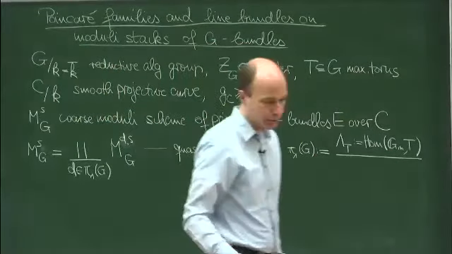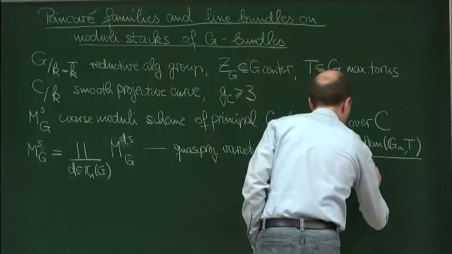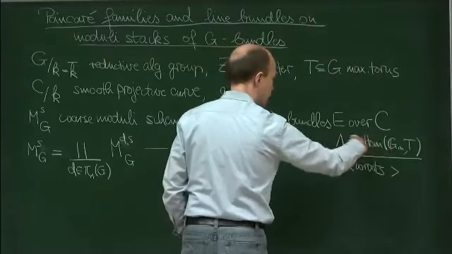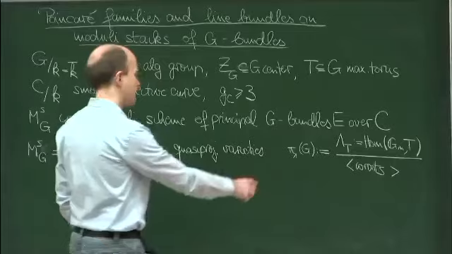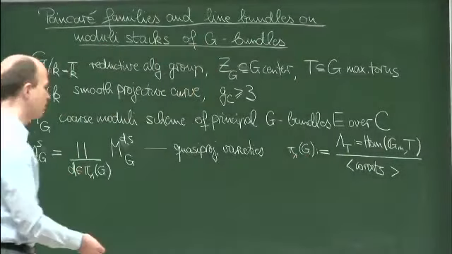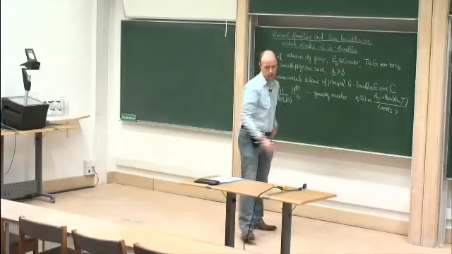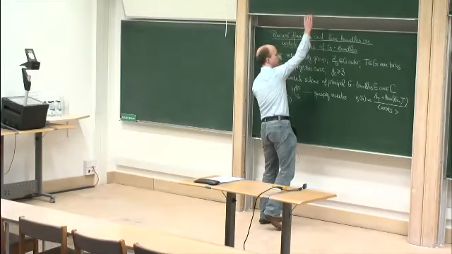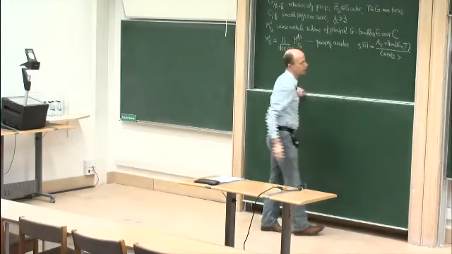And to get the fundamental group, you mod out by the subgroup generated by the co-roots of G. So co-roots of G are elements in here, and if you take the quotient by the subgroup they generate, you get a finitely generated abelian group. That is the fundamental group of G. So over the complex numbers, this is maybe a small theorem, and in positive characteristic, this is the definition of the fundamental group I'm using here. So in there lives the discrete invariant, the type of such a principal bundle.